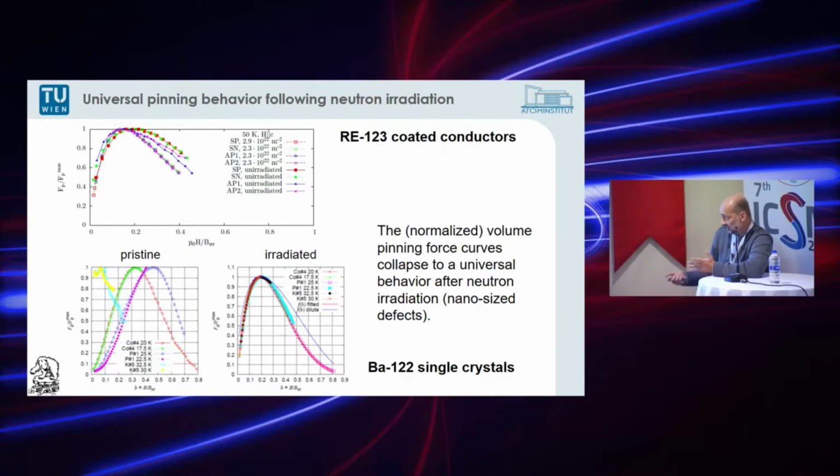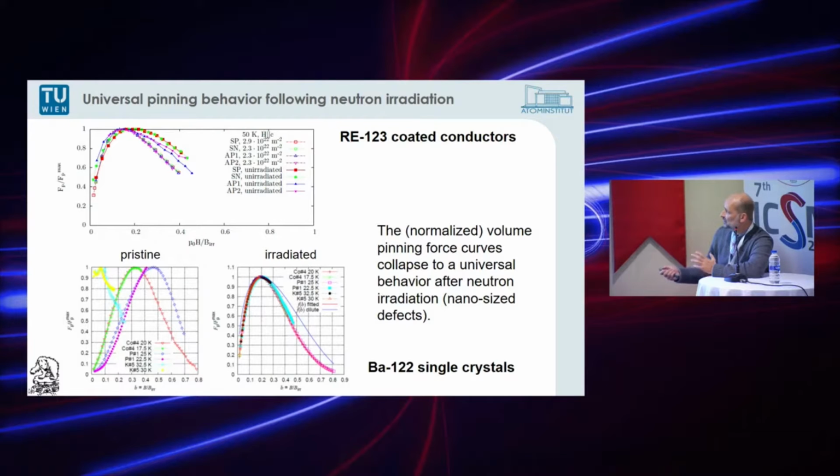It is quite different depending on the compound, but after the irradiation you find similar behavior. All these curves fall on one master curve, meaning that you now really have a benchmarking defect structure which is the same in all of these compounds. This was also observed in the rare earth compounds, for instance in the coated conductor.